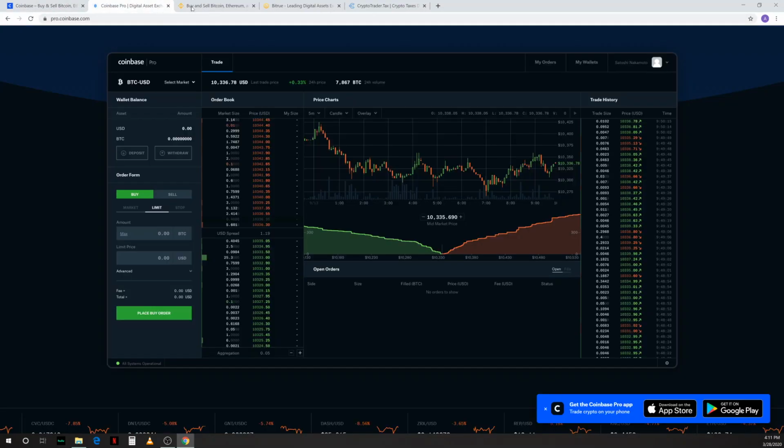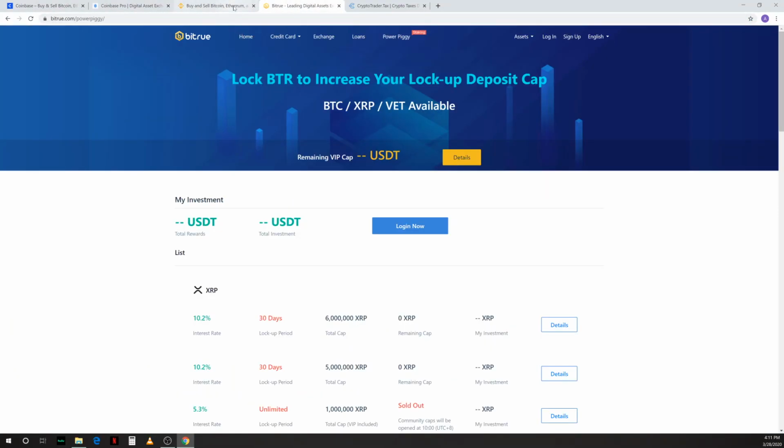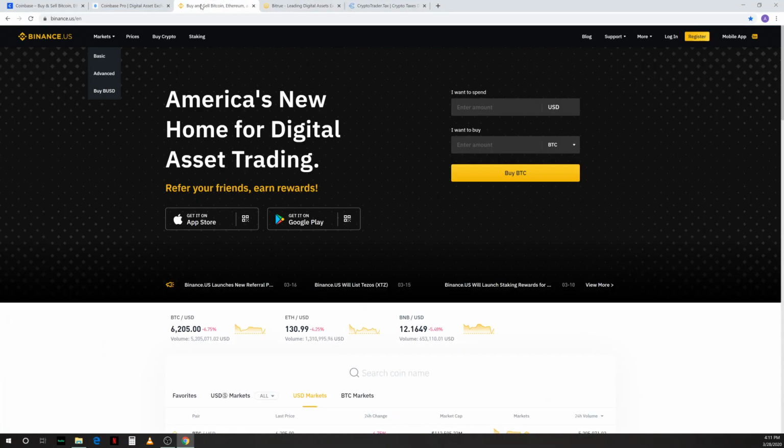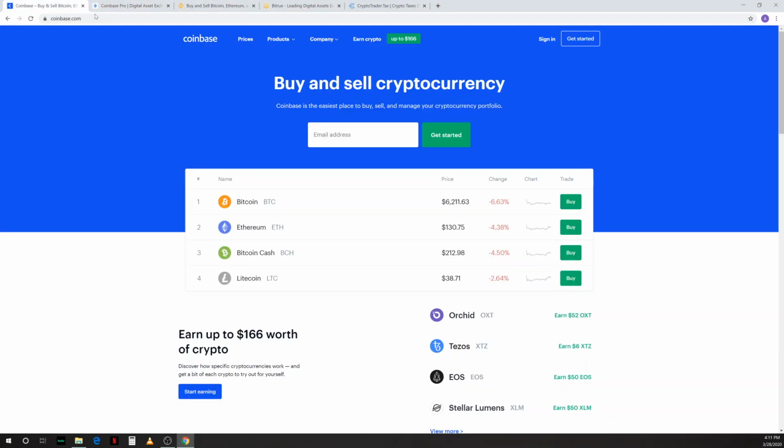So on each of these, one thing I should add, I'm not sure about Bitrue, but Binance America and Coinbase Pro have fiat on and off ramps, right? So basically you can use your debit card or your checking account to buy the tokens. And when you sell them, you can deposit that money, for a gain or for a loss, whatever you decided to do, into your bank account.